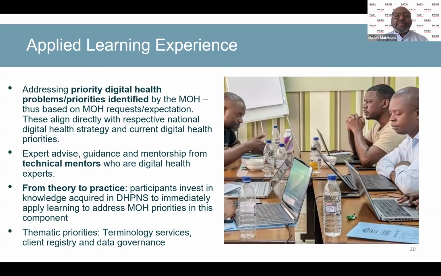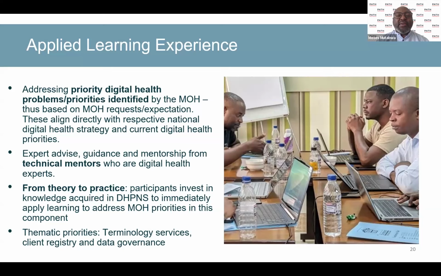And so for us to achieve that, we've decided to take a little more time, effort and concentration on the applied learning so that whatever we are learning, we apply it to the local context and to the thematic areas that we have. And we took time in engaging experts and technical mentors.